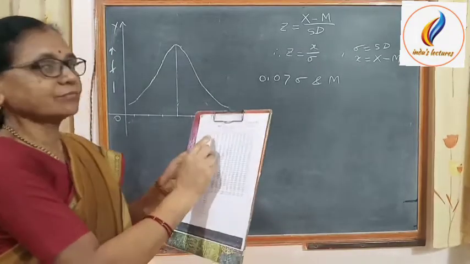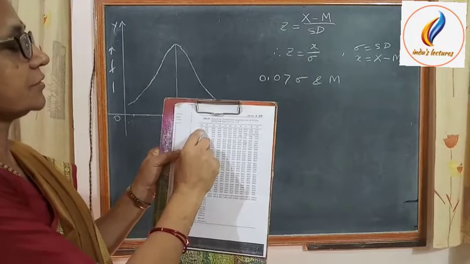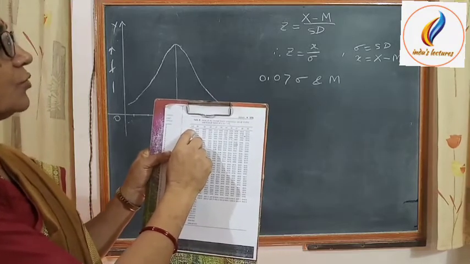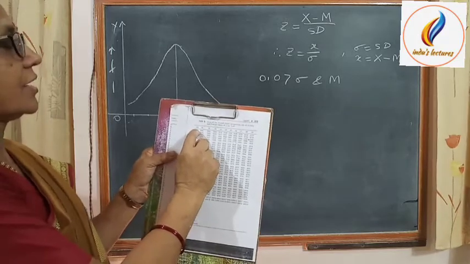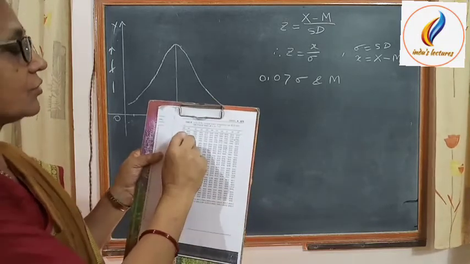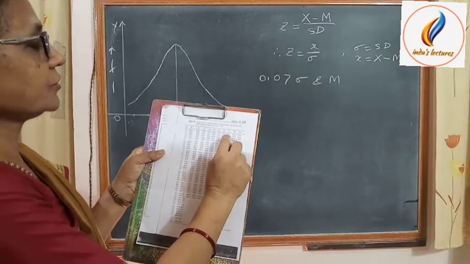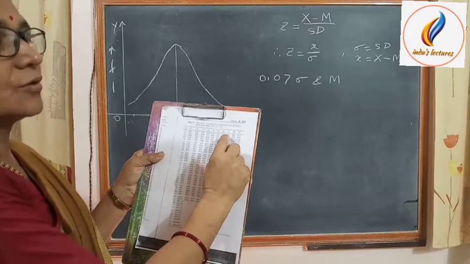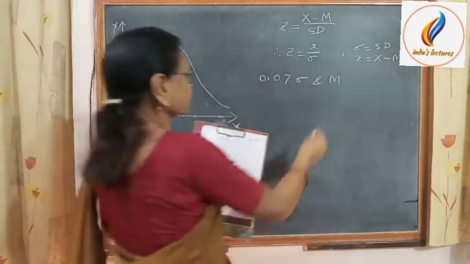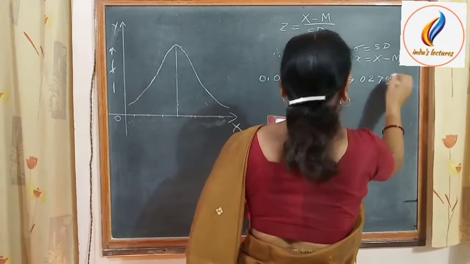So go down the same column. Consider the column first. It shows the first value 0.0, so consider this point and go along the row up to 0.07. Here we can find 279 cases.